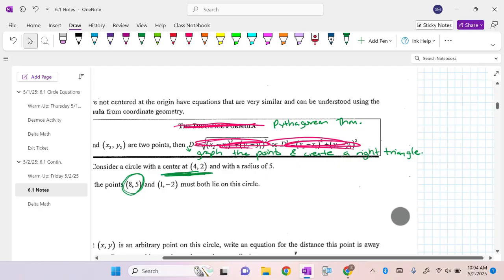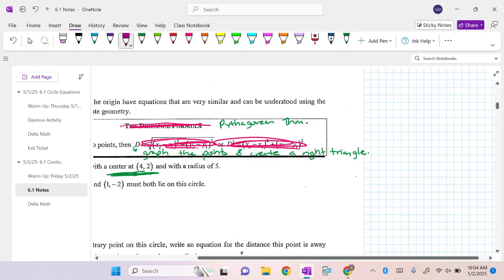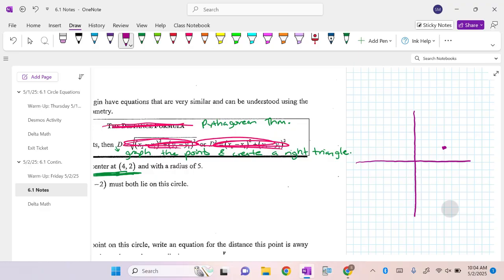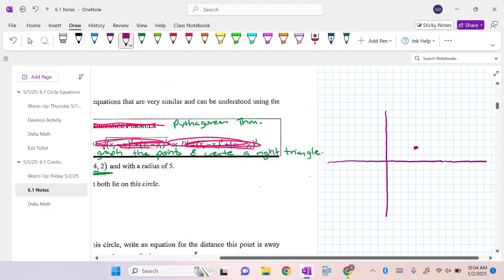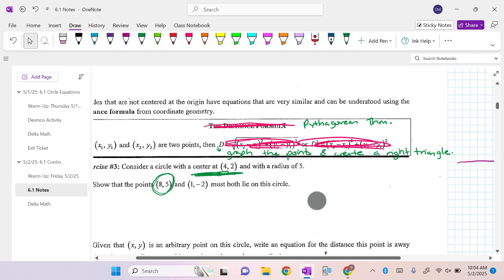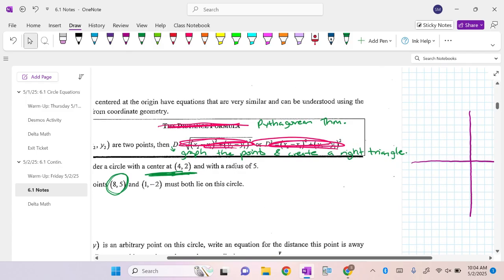All right. So what that's going to look like is on a graph. All right. My center is at (4, 2). So that'll be over 4, up 2. And one of the points on my circle is (8, 5). Hold on.